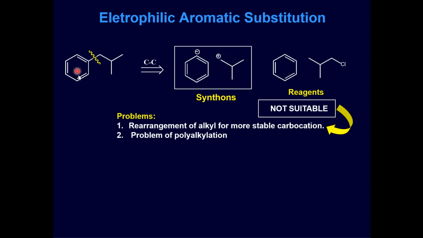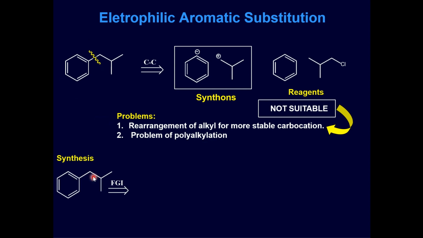Another drawback of this Friedel-Crafts alkylation is that the product that is formed can undergo further alkylation and give polyalkylated product along with this isobutylbenzene. To avoid these problems, I will do functional group interconversion.